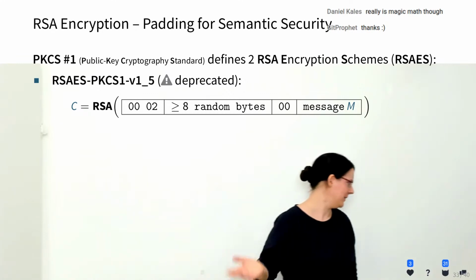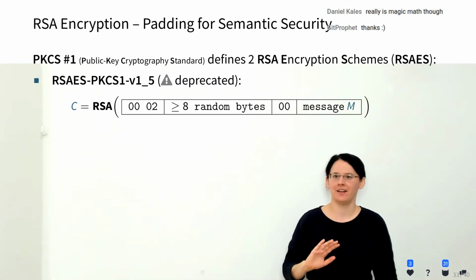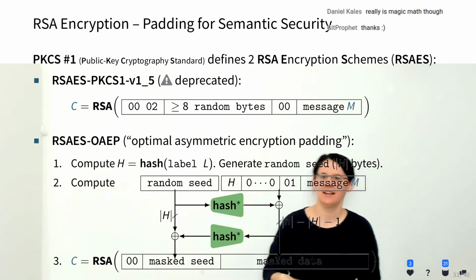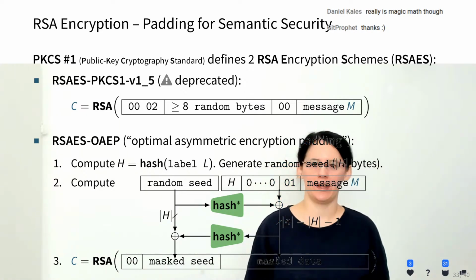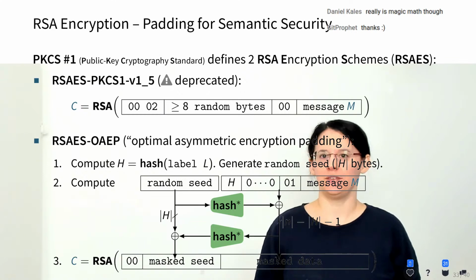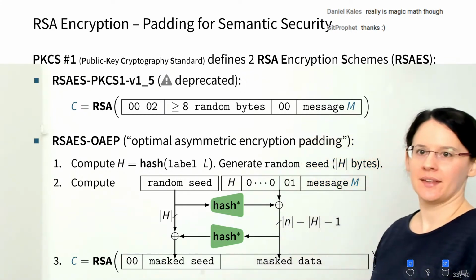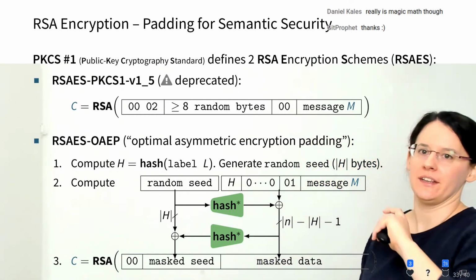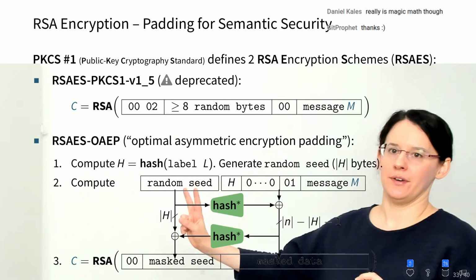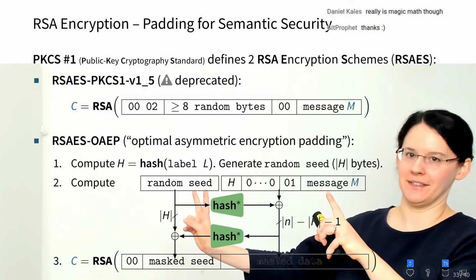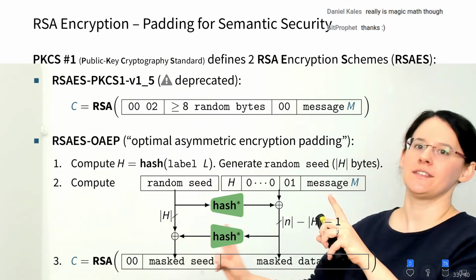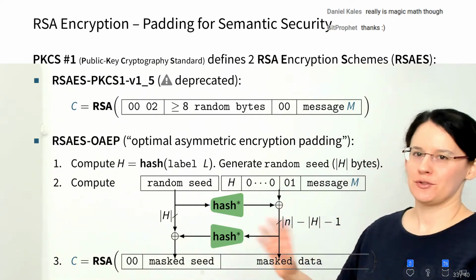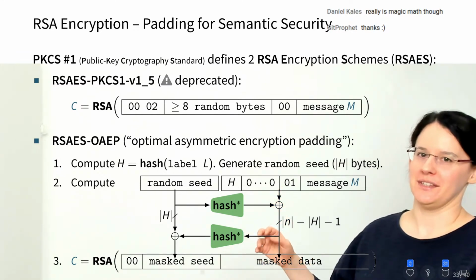That's a simple scheme. I'm showing briefly a picture of the complicated scheme. This is called RSA OAEP, where OAEP is optimal asymmetric encryption padding. It does a bit more than just adding randomness. It does have the randomness and the original message, but in addition to just concatenating them, it does some hashing, some strange hashing with different output sizes.